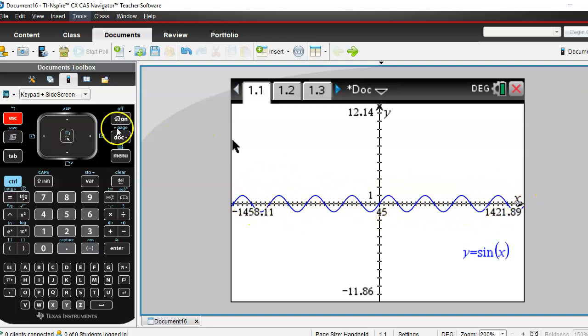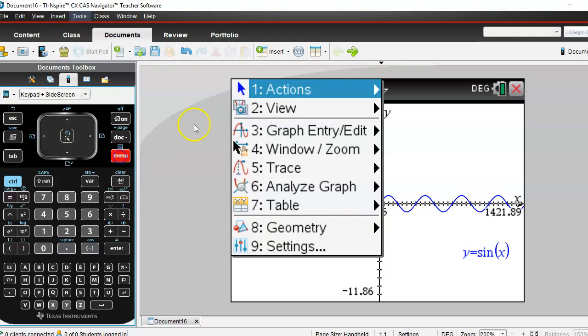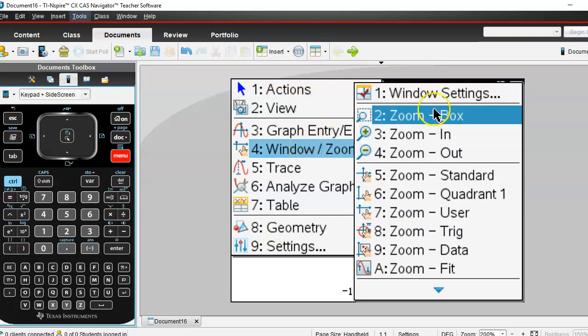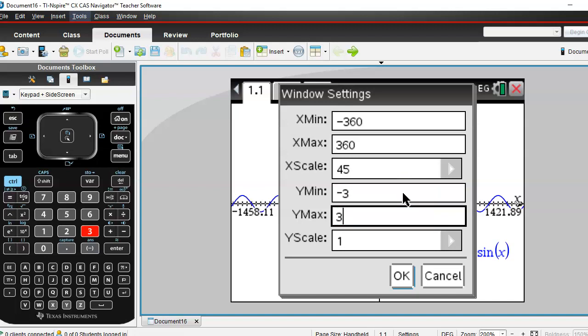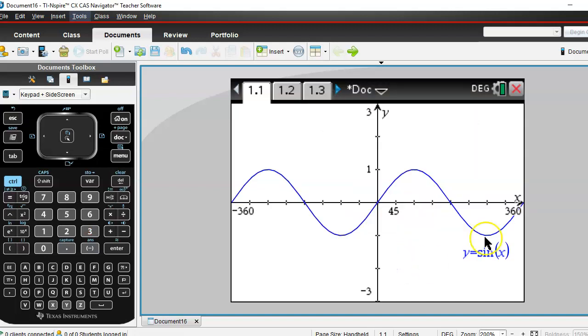Now, I just took a snapshot in my settings here, and I'll go back to what I had, so negative 360. I'll show you how to do all of this later in the video. Negative 3, positive 3. There we go.